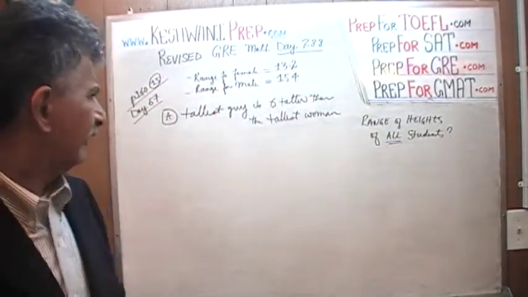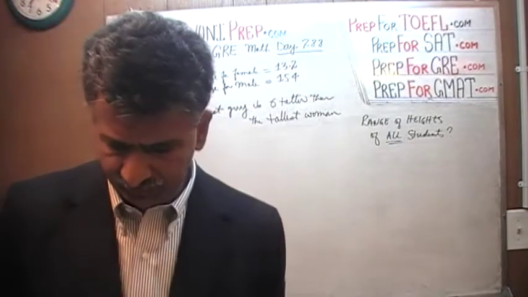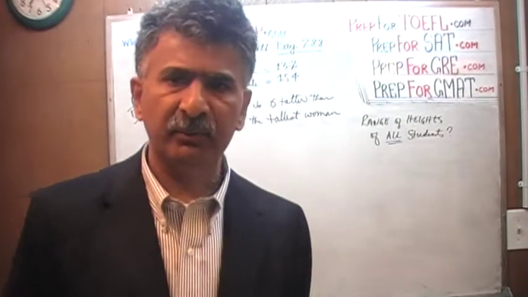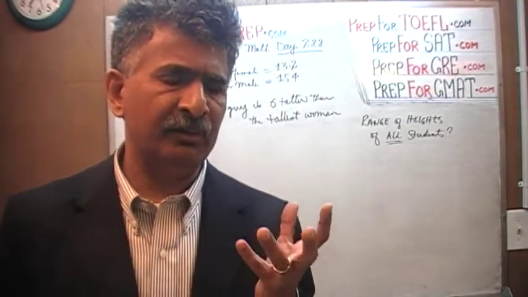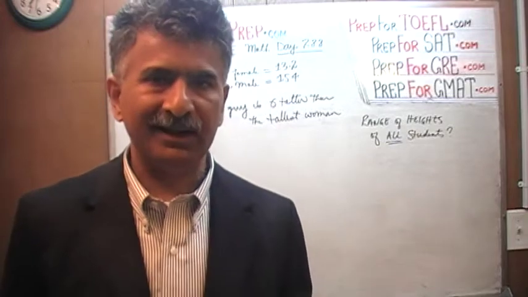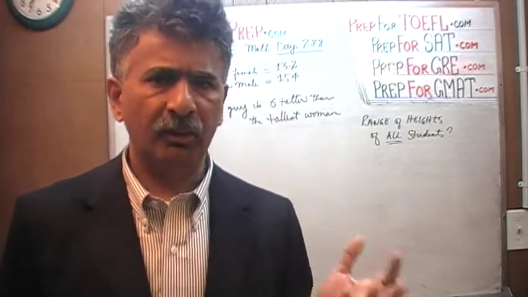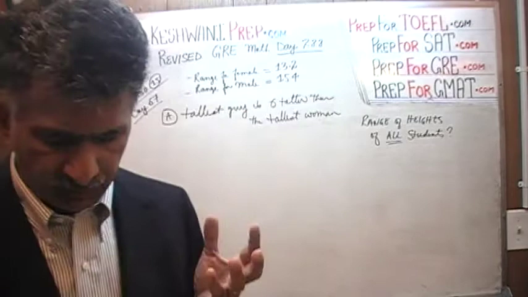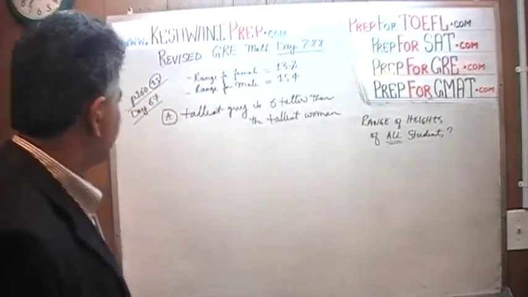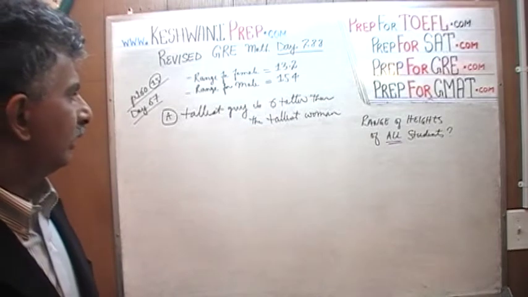Don't worry about it. 5.8 is just, they give you this strange figure of 13.2 and a 15.4 and a 5.8 because they're trying to make you think that there is some importance in it, as if there is something of value in it. It's not. They give you these figures just to annoy you. Just ignore them, okay? They tell you 5.8, the hell with it, just pretend it's 6. So the tallest guy is 6 inches taller than the tallest woman.